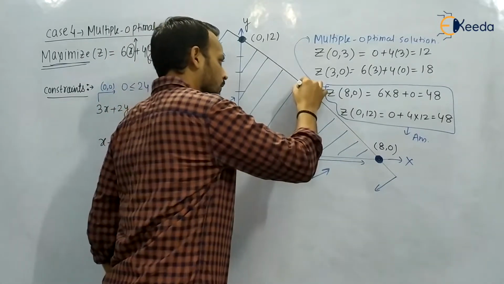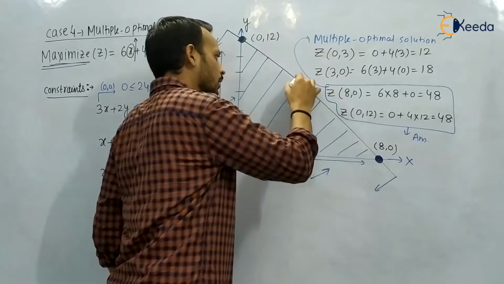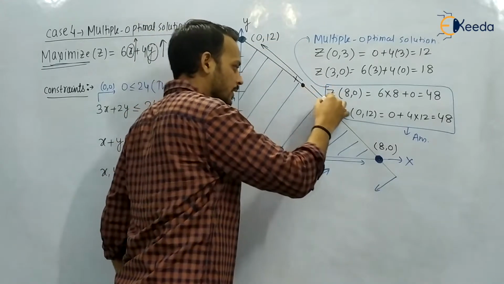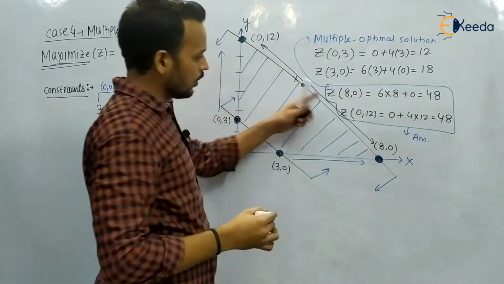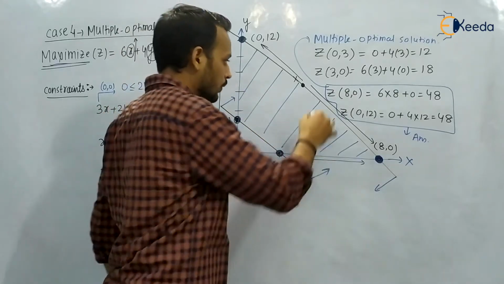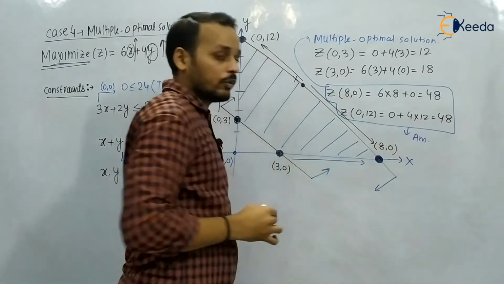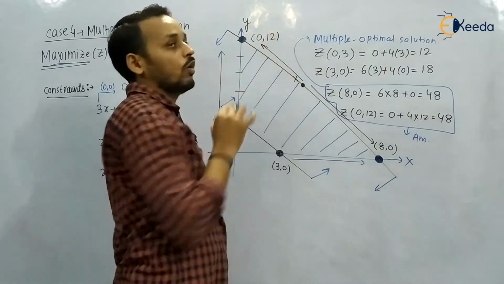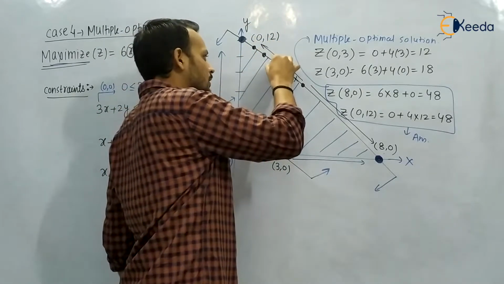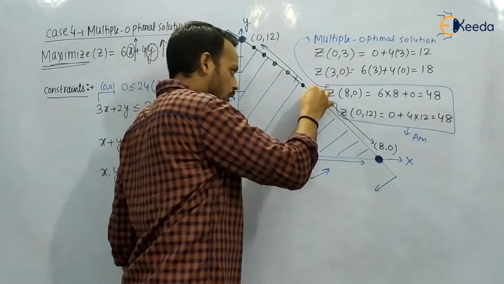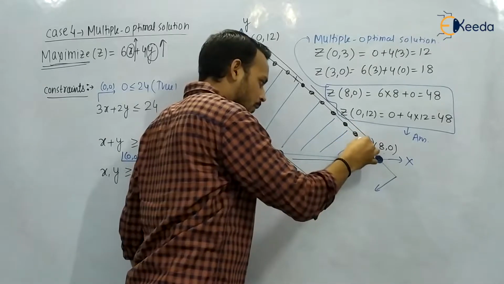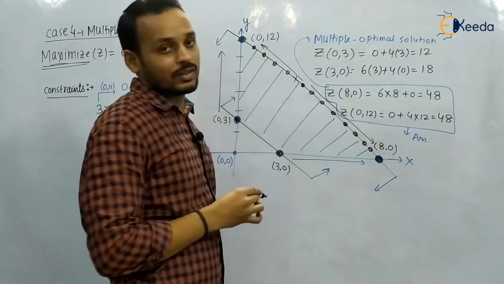Suppose you are at this point. Moving in any direction, we have seen the cases: either we are moving in this direction or this direction, we are going to get either maximum or minimum. But if you move in this direction, again you are going to get 48, and in this direction also 48. It means that if you take any point on this constraint, each and every point will provide you 48.